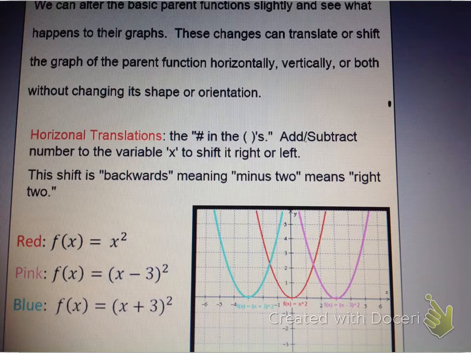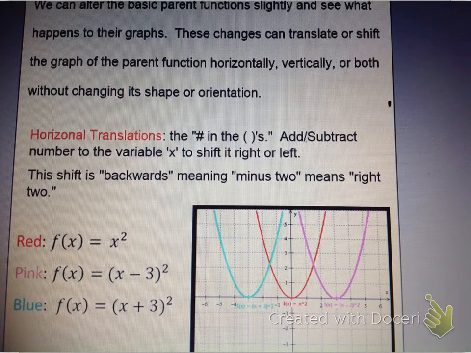I want to skip ahead now to the translations of the parent function. So we can alter the basic parent function slightly based on little changes that we make to the equation.